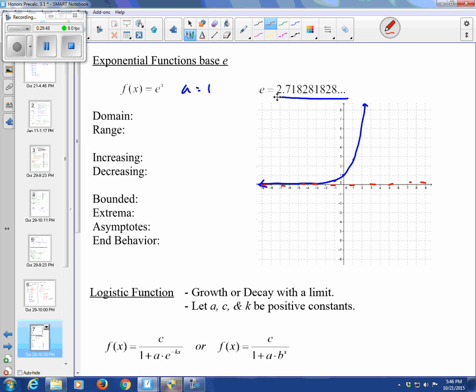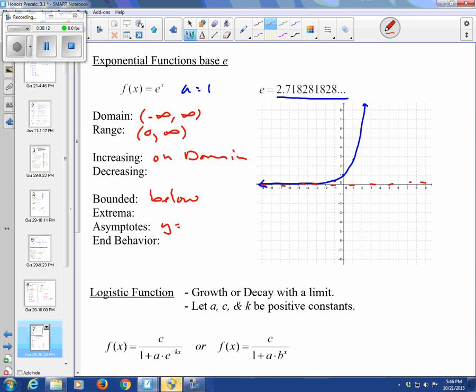Okay, so right here, we can go ahead and analyze this function, and we will get a domain of negative infinity to positive infinity. We can say the range is going to be from that horizontal asymptote of 0 up to positive infinity. We're increasing on the domain, right? And right here we are bounded below. And right here we have no extrema.